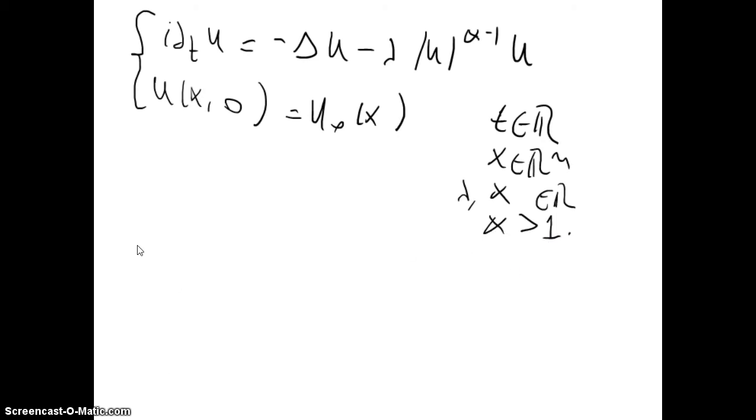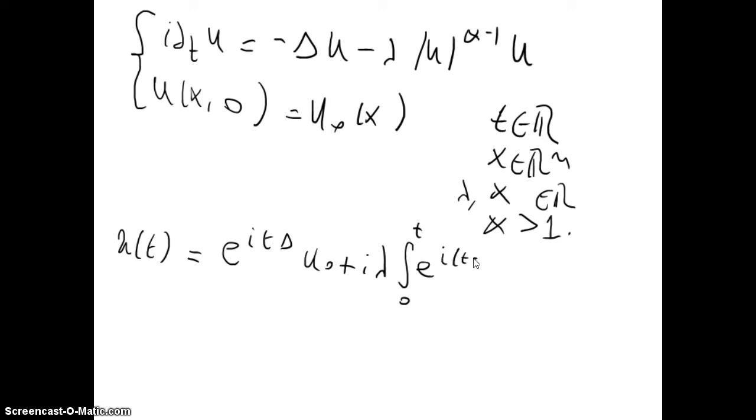And we had the integral expression: u(t) = e^(it Laplacian) u0 plus i lambda times the integral of e^(i(t minus t') Laplacian) |u|^(alpha minus 1) u(t') dt'.